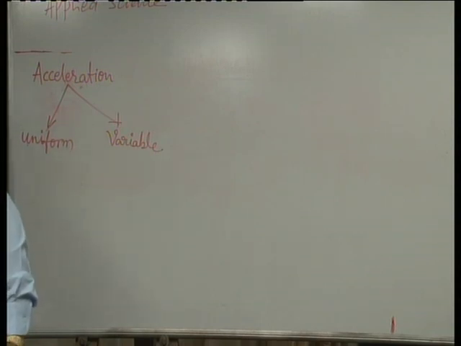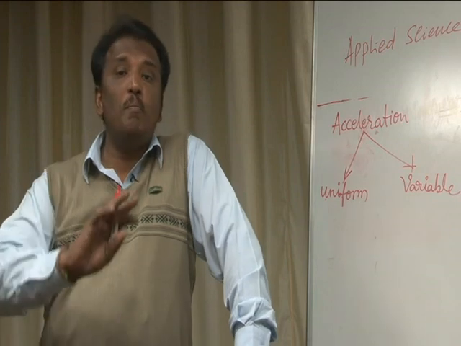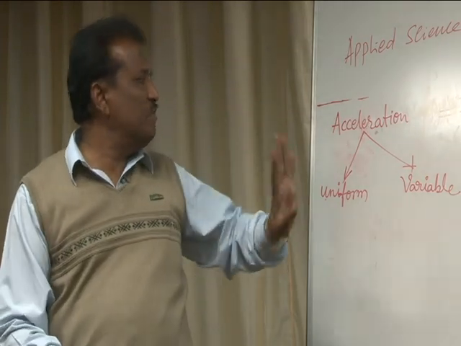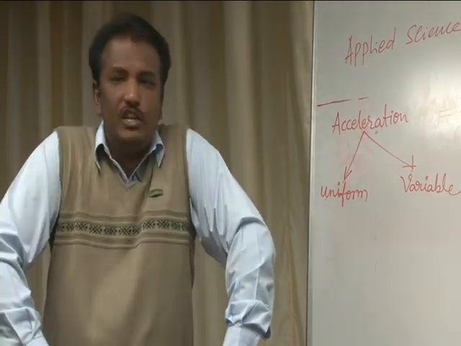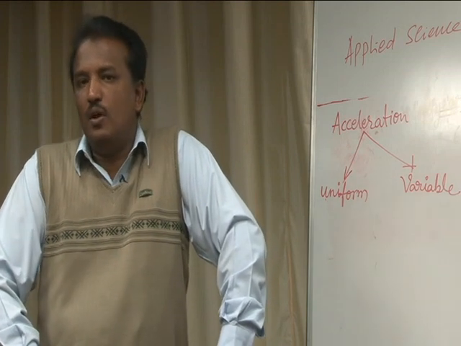While defining a uniform velocity, there is an equal amount of change in displacement in equal intervals of time. In the case of a uniform acceleration, replace the displacement by velocity, that is all, there is not much difference. By following that convention, you can define a uniform acceleration for a moving body as follows.